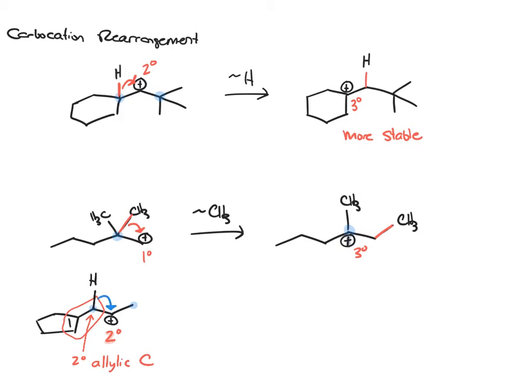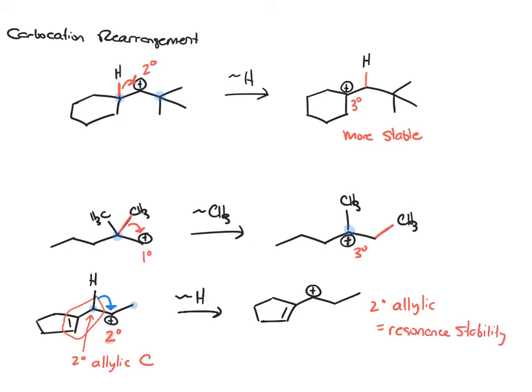Shift it over. Now you get this allylic carbocation. And that's more stable because of resonance. So anything you can do there to make the carbocation more stable will cause a shift.